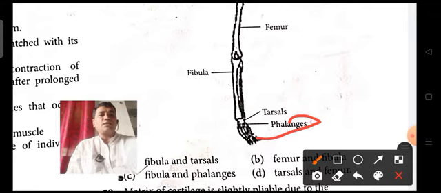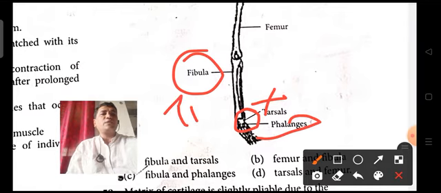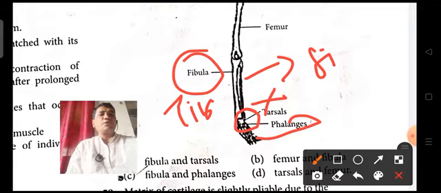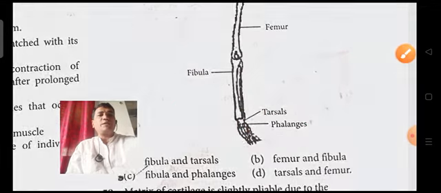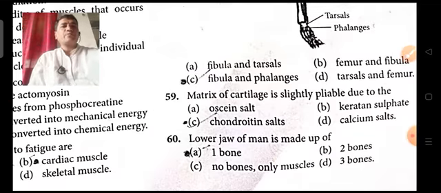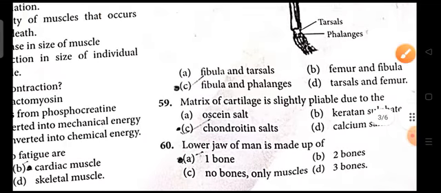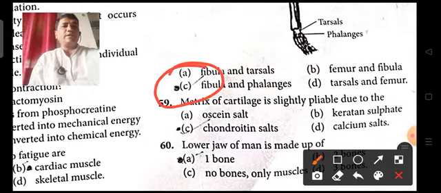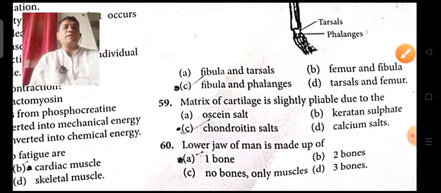So here option C is wrongly matched in the human hind limb.